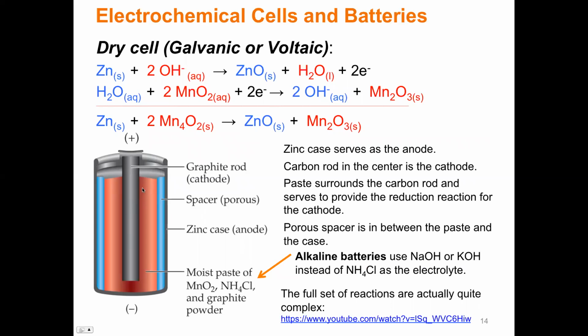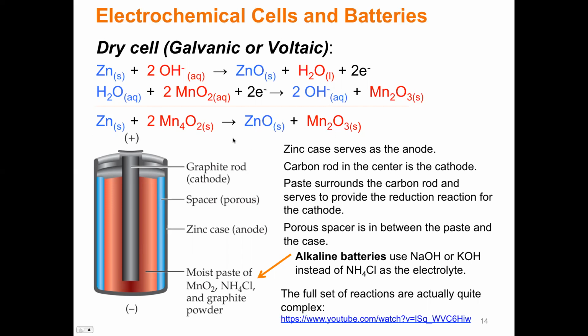So basically what's happening is that the electrons are going to serve to reduce this, okay? And they're surrounding the graphite rod. So notice that in the chemical equations here, you don't see any carbon.